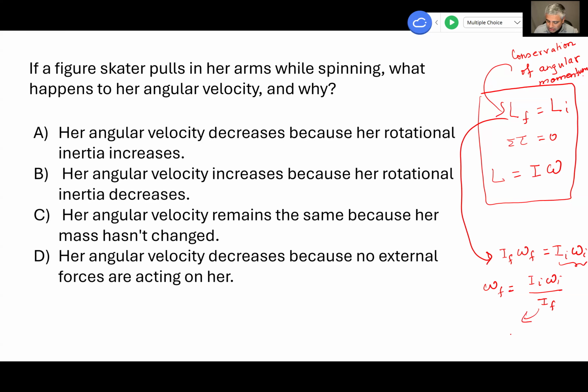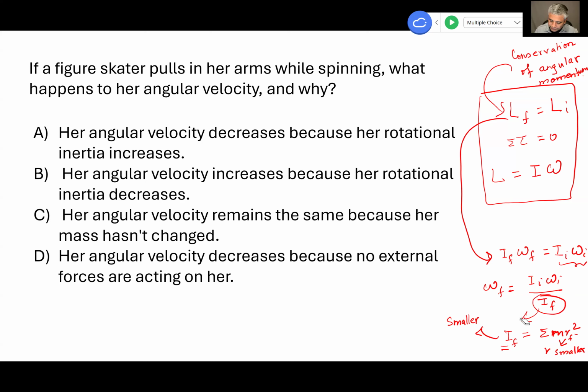So rotational inertia, for example, is the sum of all the masses times R square. So bringing R smaller makes I smaller. So R is smaller means I, or rotational inertia, is going to be smaller. Okay, so here we're talking about the final situation.